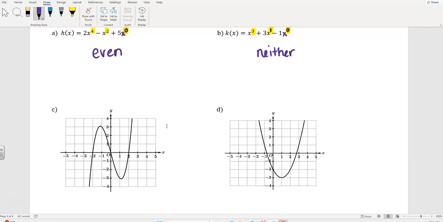Right, so are either one of these even functions? They are not. Okay? So then we have to think about whether it has 180-degree rotational symmetry. That's a little tougher to see. If you have it on paper, you can actually turn it upside down, right? Like spin it 180 degrees.